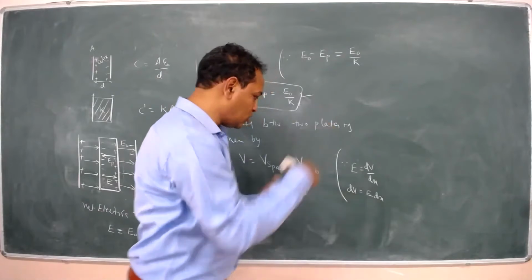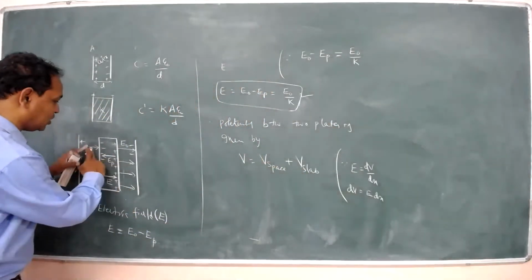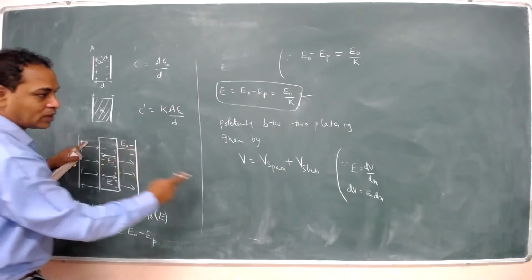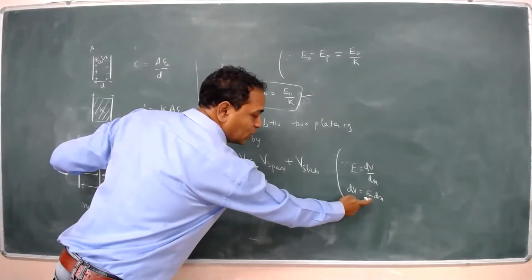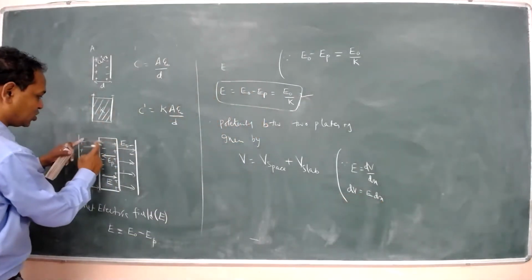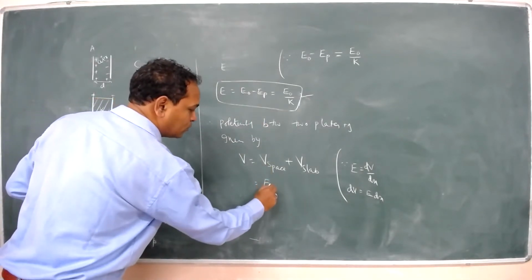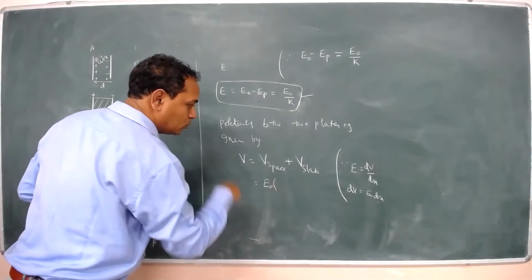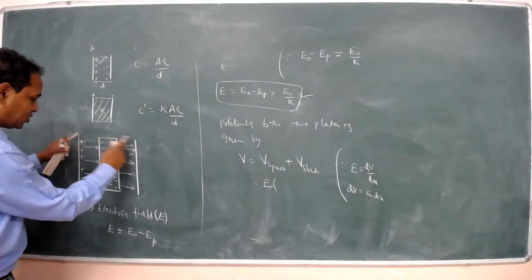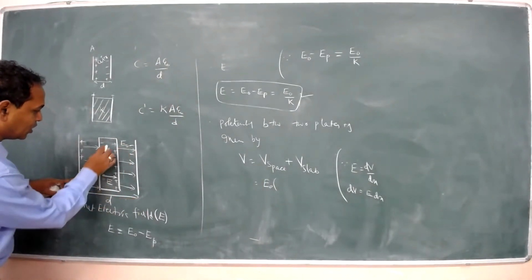So for the space, the potential is the electric field in the space into the distance. The electric field in this space is E0. What is the distance in the space? Say this total distance is d.